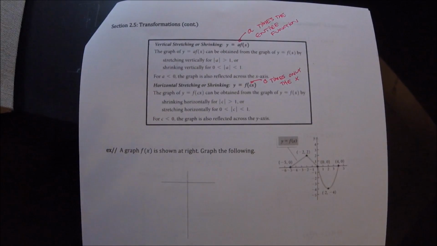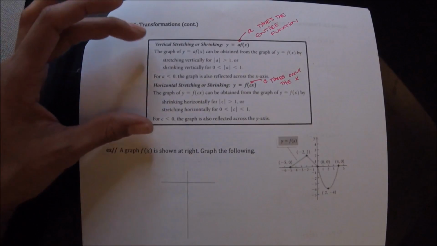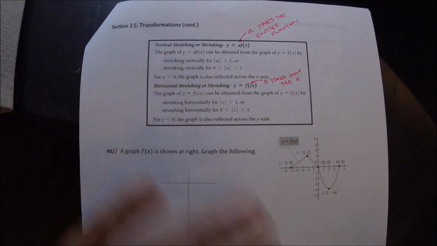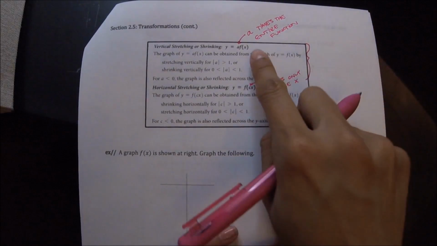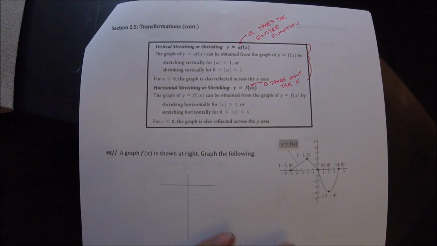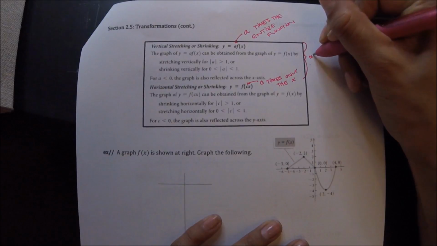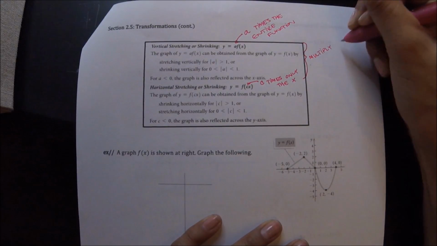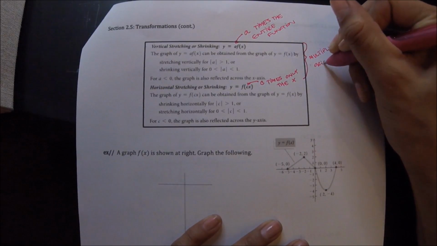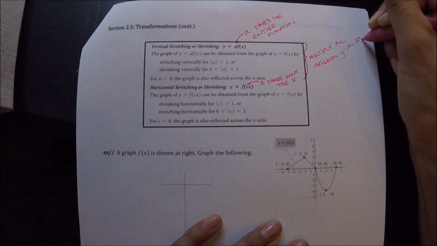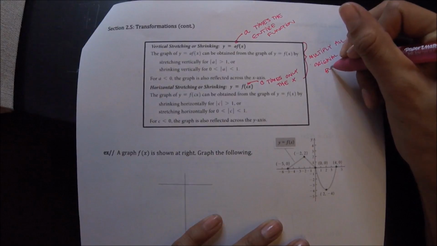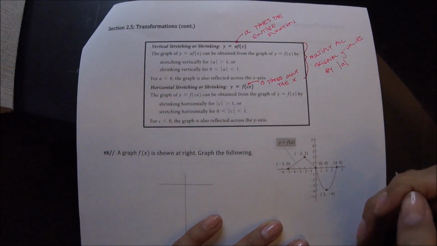And in general, how I apply these facts is if we have this top situation, if we have a number times the entire function, then multiply all the original y values by the absolute value of a.